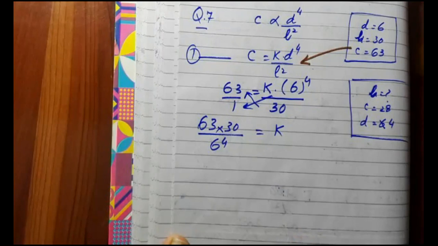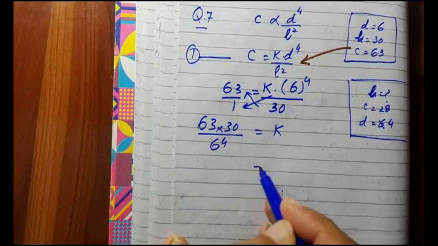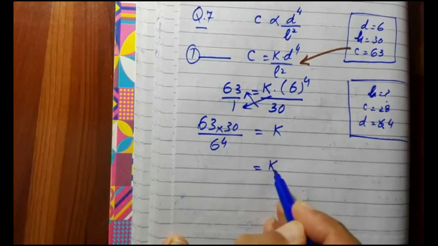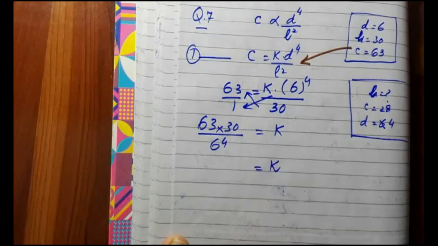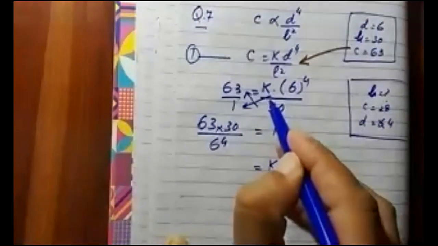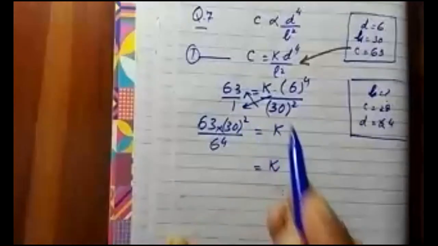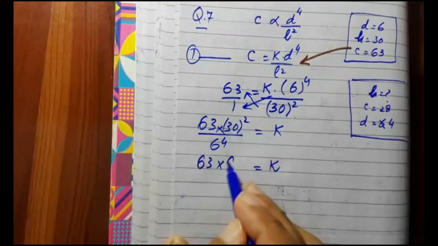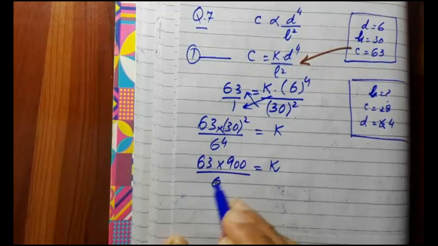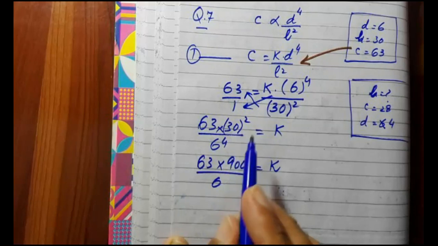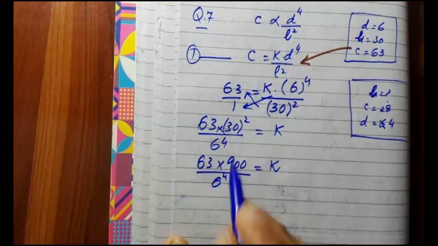So by using the calculator, we will be deriving the value of k. This is L square, I have not written the square. This should be 30 square, meaning 63 into 900 divided by 6 raised to power 4. This is not 64, this is 6 raised to power 4, like this one.